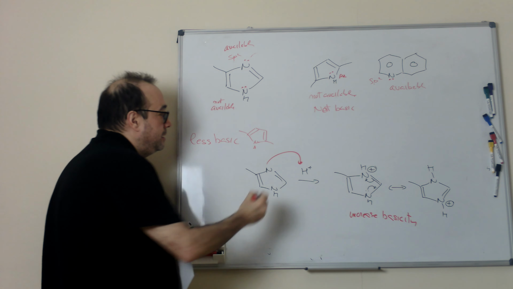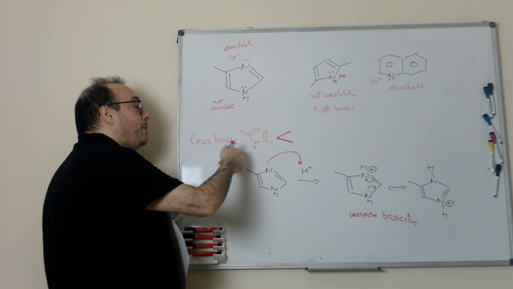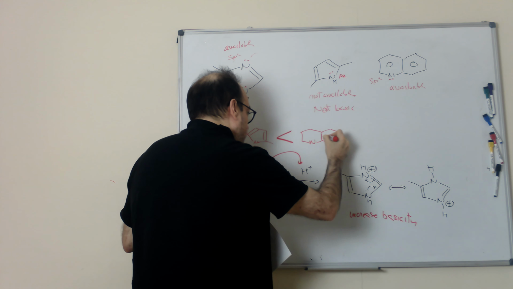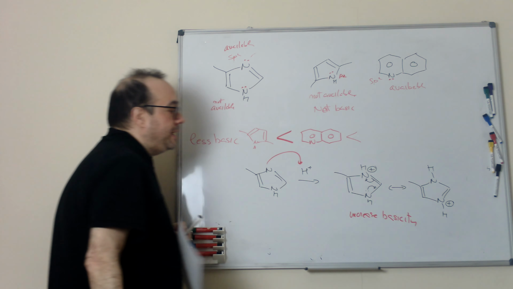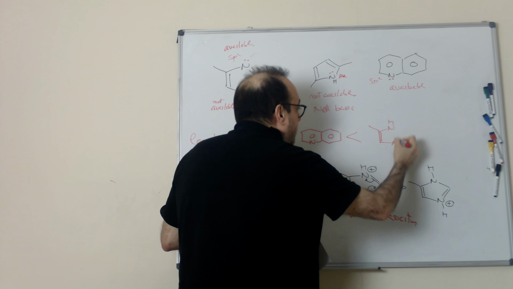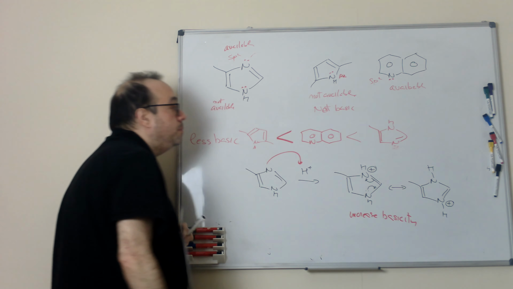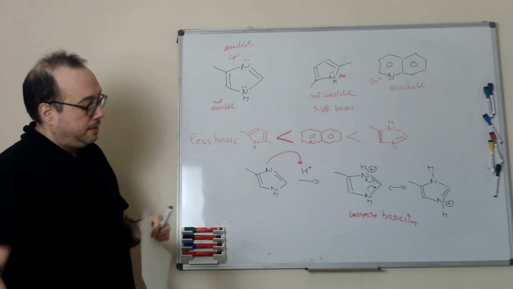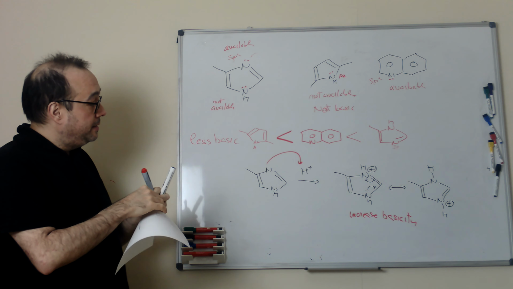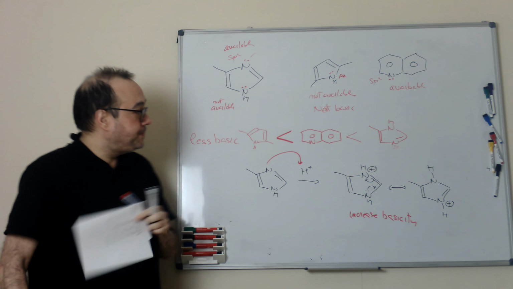That means that a little bit more basic than the pyrrole will be the isoquinoline, and the most basic will be the imidazole, because we can stabilize the conjugate acid with a resonance form. That is the reason why the most basic will be the imidazole.